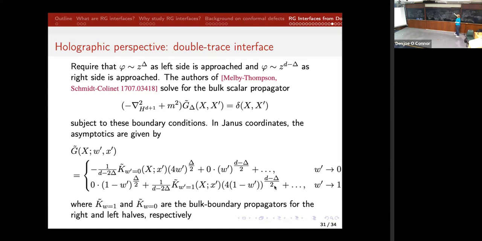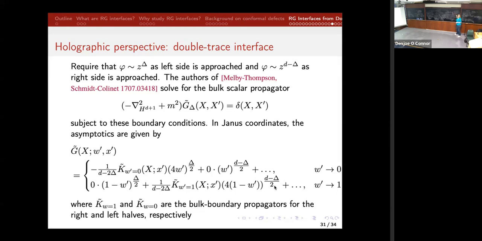If we're bringing one of the points to, let's say, the W equals 0 side, then this should be a bulk to boundary propagator, which we call K tilde, W equals 0. And it should scale as W to the delta over 2.